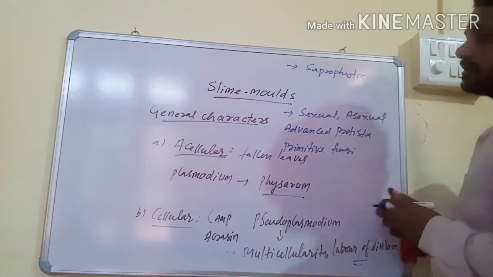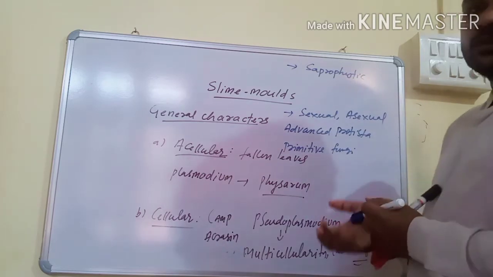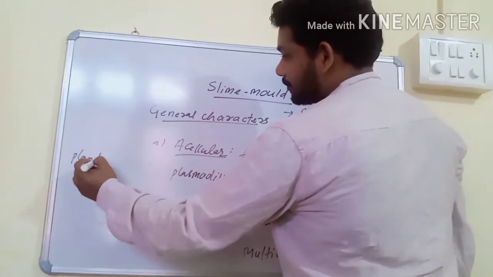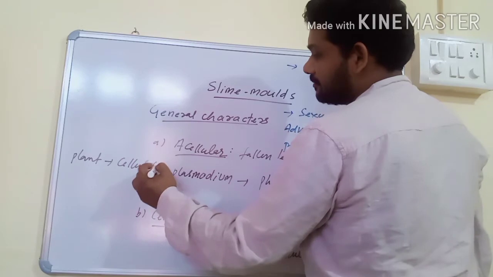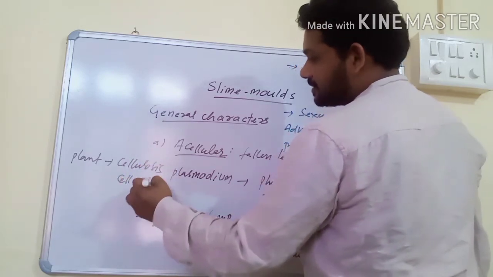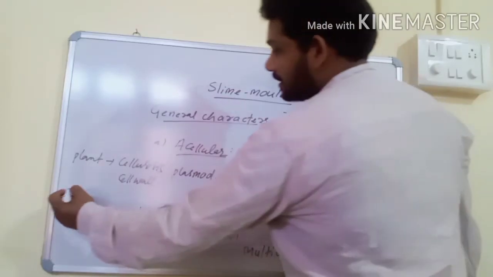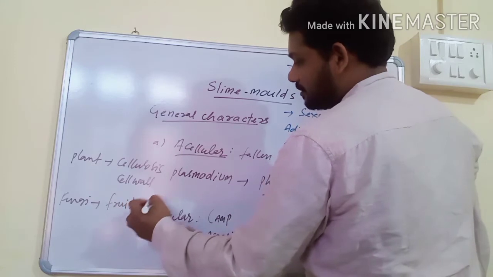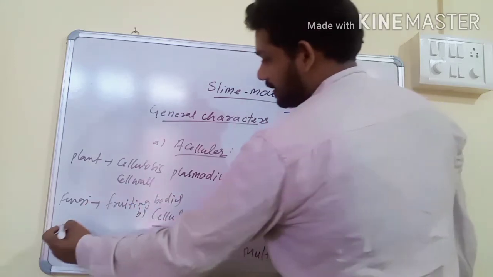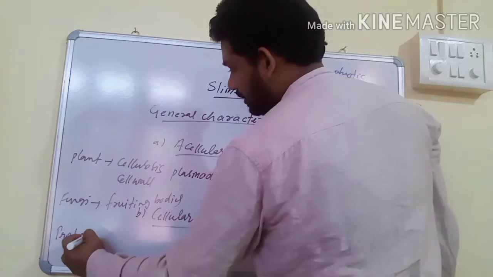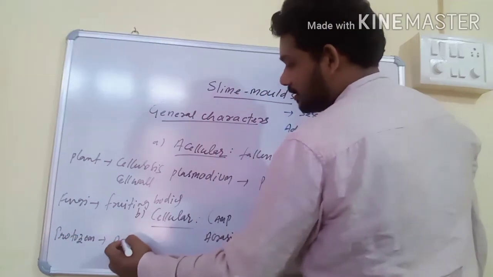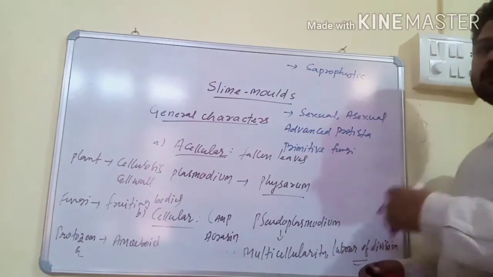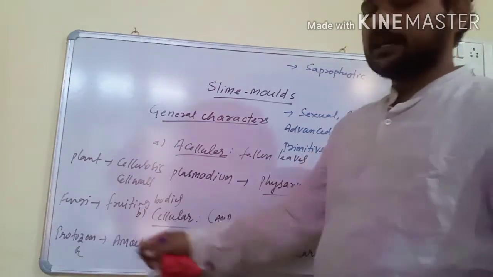Slime molds are similar to plants, fungi and protozoans. The plant-like character is the presence of a cellulosic cell wall. The character similar to fungi is the formation of fruiting bodies. The protozoan-like character is the amoeboid condition during the life cycle. So slime molds have characters similar to plants, fungi and protozoans.